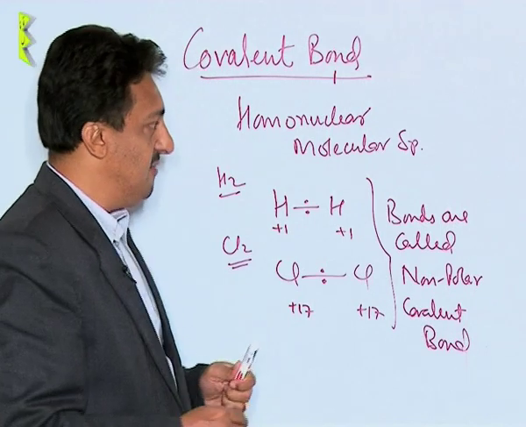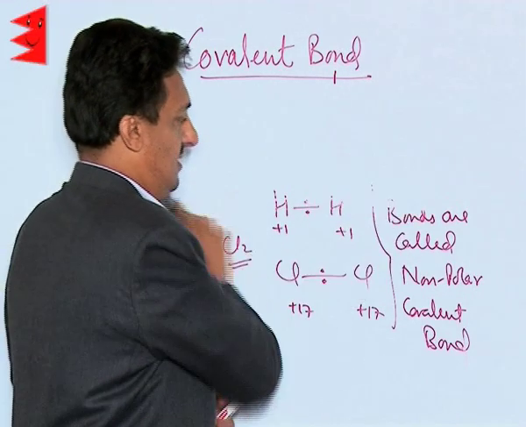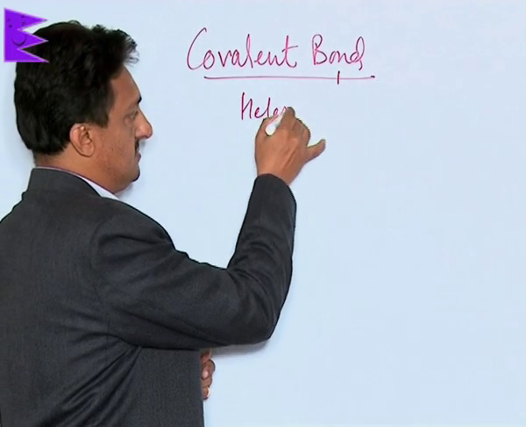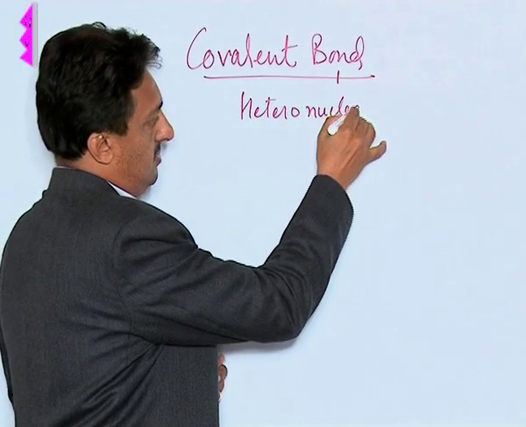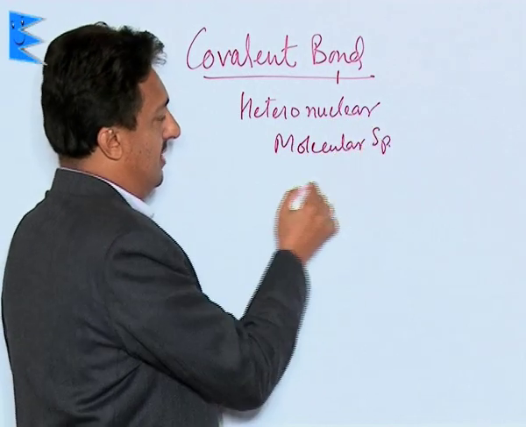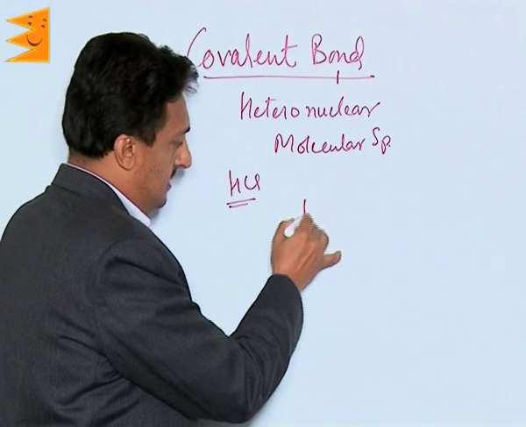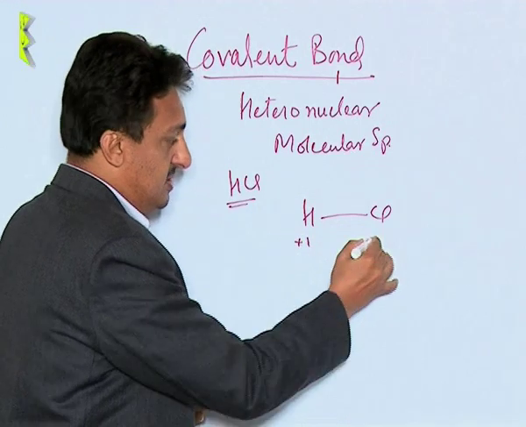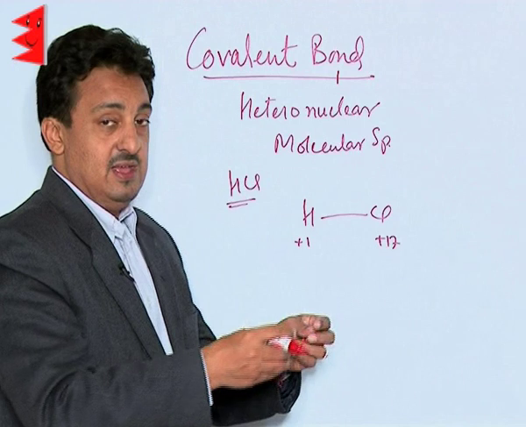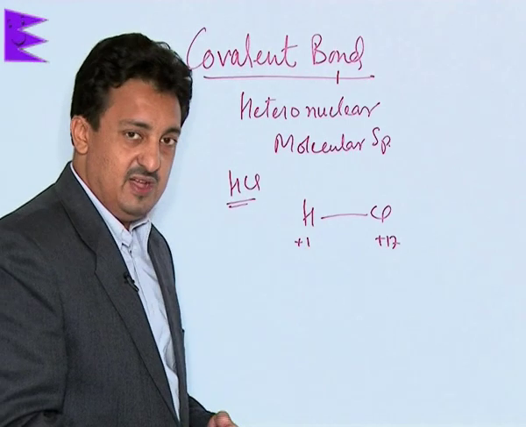But whenever we have a heteronuclear molecular species, like let us take the example of HCl, what we find is that the two atoms forming the bond do not belong to the same element, they belong to different elements, so the nuclear pull will be different.